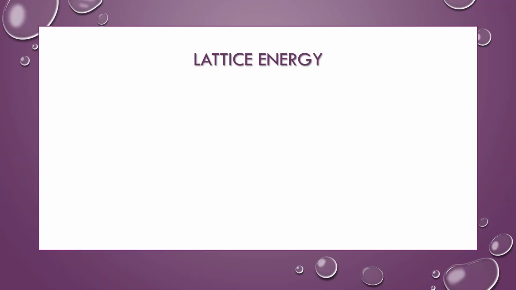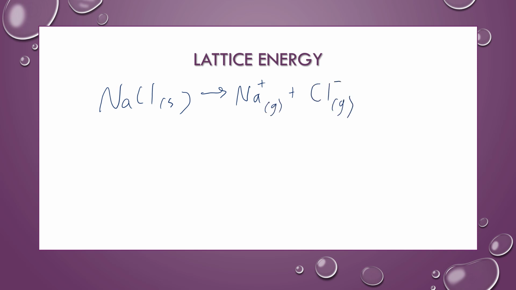Okay, so we talked about that lattice structure. We can measure something then called the lattice energy. If you have your ionic compound as a solid, we can measure the amount of energy that it takes to break apart those atoms into their individual ions as gaseous ions.